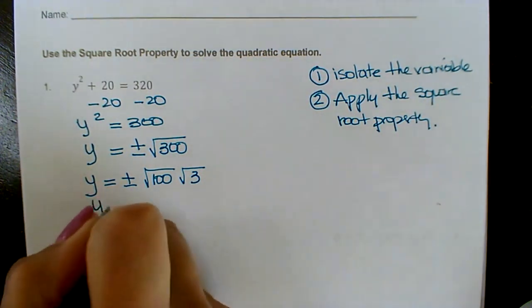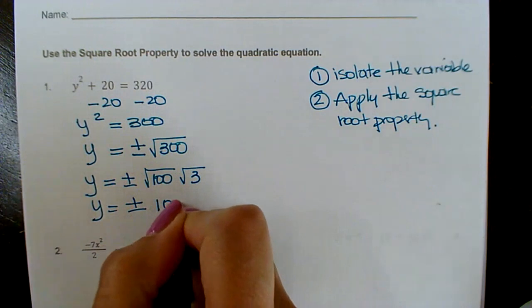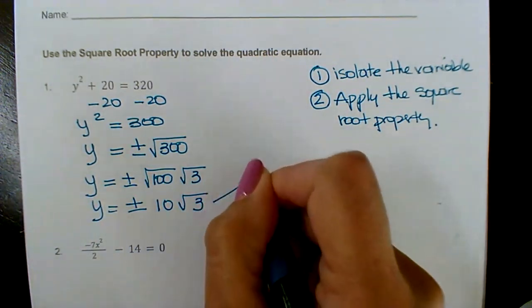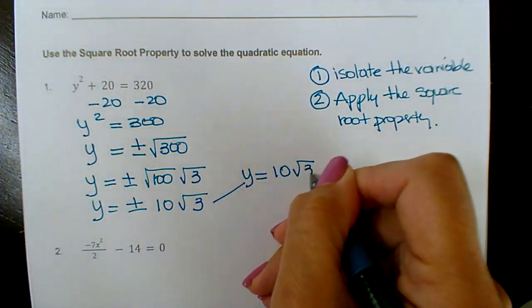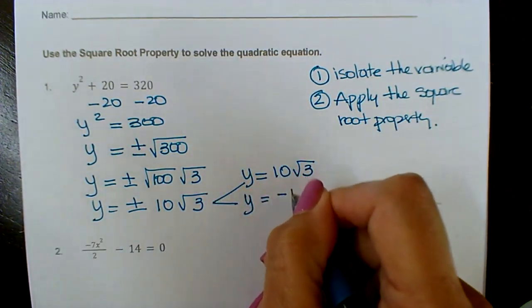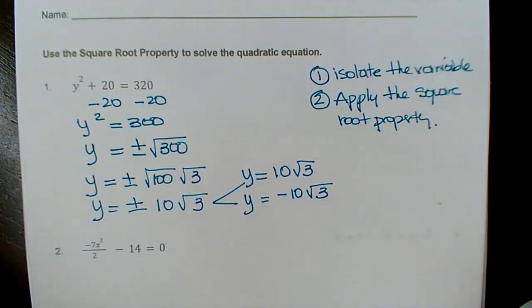So we have y is equal to plus and minus the square root of 100 is 10 square root of 3. So there's going to be two answers here. y is going to be equal to 10 times the square root of 3, and y is going to be equal to negative 10 times the square root of 3, right?